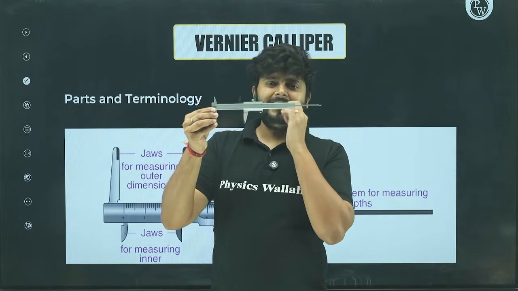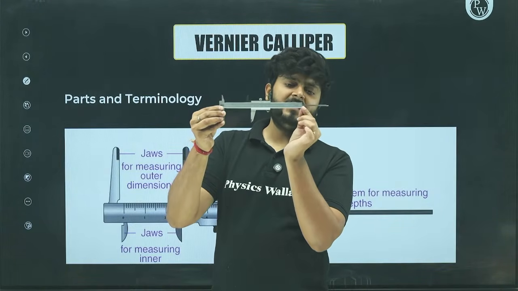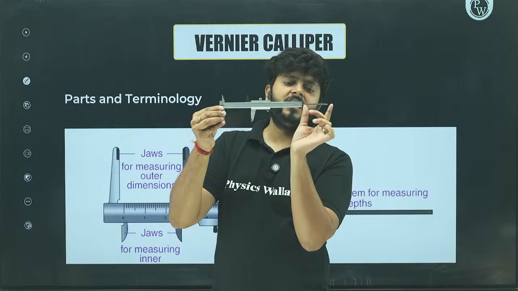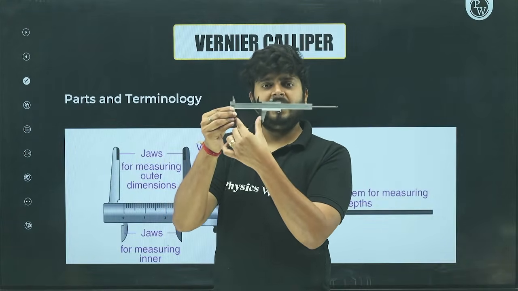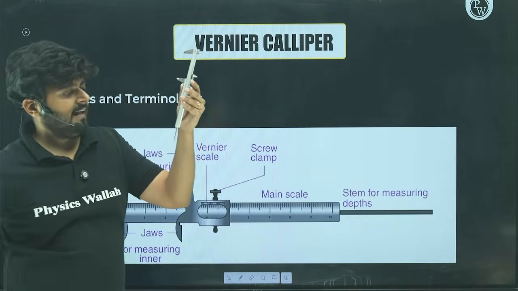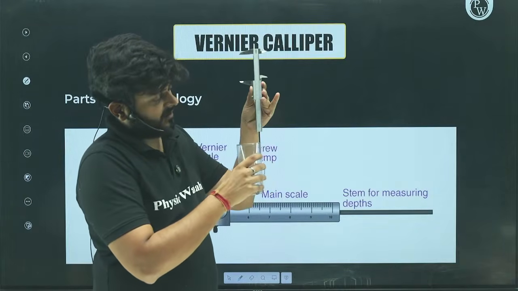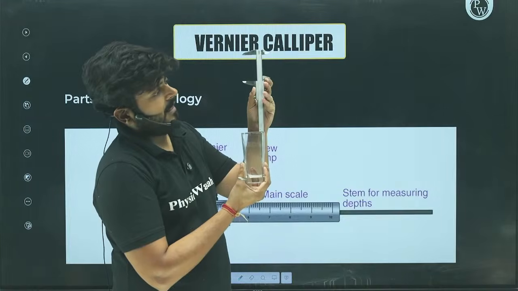And surprisingly, the amount this particular stick is sticking out is the same as this opening, right? So I can use it to measure the depth, right? I can take it like this and insert this stick just like this, and I can keep on expanding it.